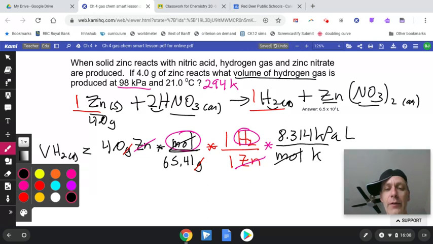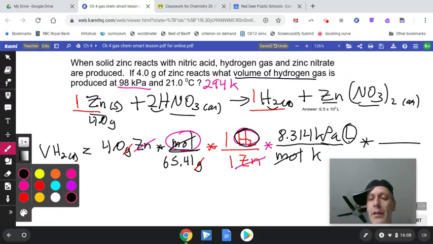So now I no longer have moles of hydrogen. I'm looking for the volume of hydrogen. So there it is, there's my liters. I just have to get rid of the kilopascals and the Kelvin. Kilopascals is on the top, so we'll put it on the bottom, 98 kilopascals.